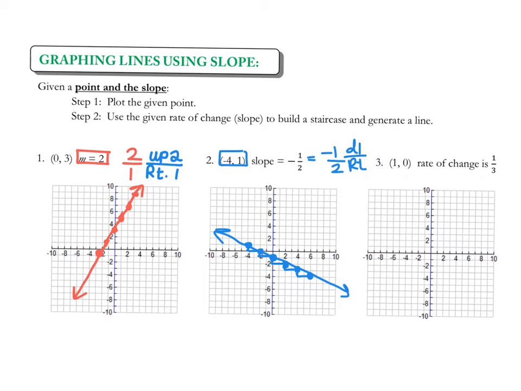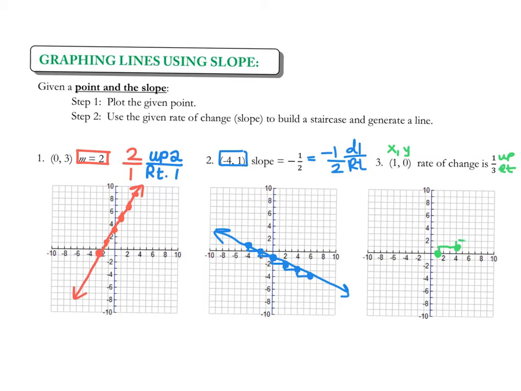All right, the point is 1, 0. Remember, x comma y, so I'm at 1 on the x, 0 on the y. Rate of change is 1/3. So that's up 1 and right 3. Up 1, right 3, put a new dot.